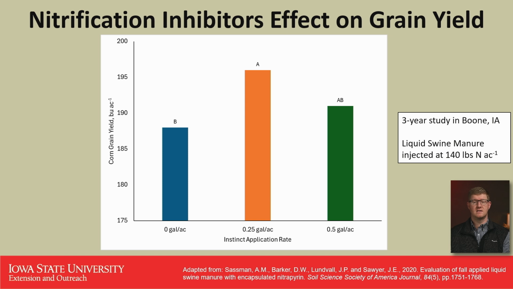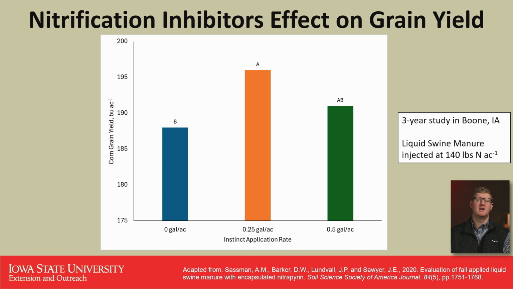And in this case, what they saw was where you had the labeled rate of Instinct, you actually had significantly higher yields than where we didn't have Instinct at all. The double rate of Instinct, there was technically no statistical difference in yields between it or the other two treatments.